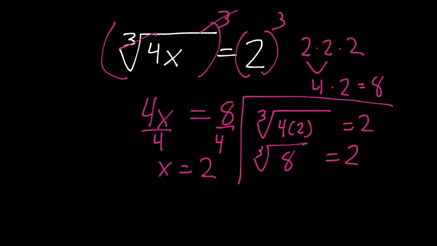So the third root of 8 has to be 2. So 2 equals 2. And that is our solution. x equals 2. Checking our work can really help us as it can prove whether or not we've done it correctly. Alright, let's move on. Let's try some more.